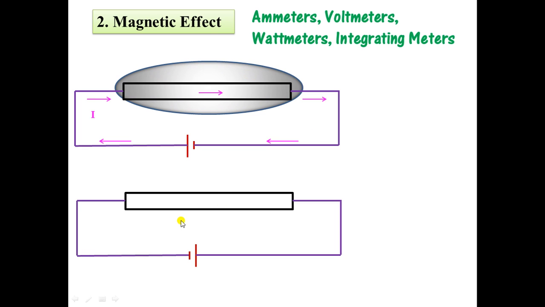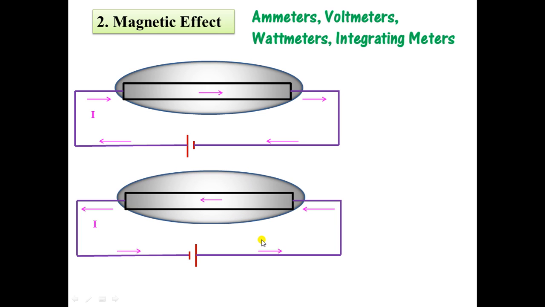Now here we have taken the same circuit, but the only difference is we have changed the polarities of the battery here. Now what will happen? The current will flow in the opposite direction. Now also there will be a magnetic field produced around the conductor. Now what is the difference between this magnetic field and this magnetic field? The difference is in the direction.